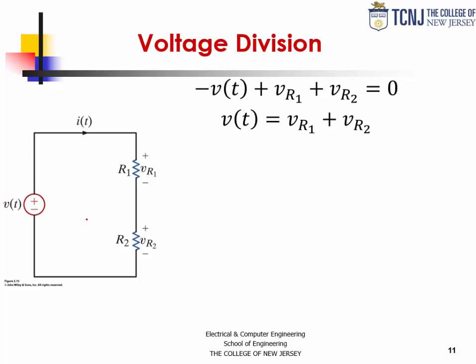So I can use Kirchhoff's voltage law to write the following equation. I see minus V of t, so this voltage, because the minus is first, plus V sub R1, the voltage across the first resistor, and I can see that is plus because I find the positive first as I go in the direction of the current, plus the voltage across the second resistor, again plus because I find the plus sign first, is equal to zero.